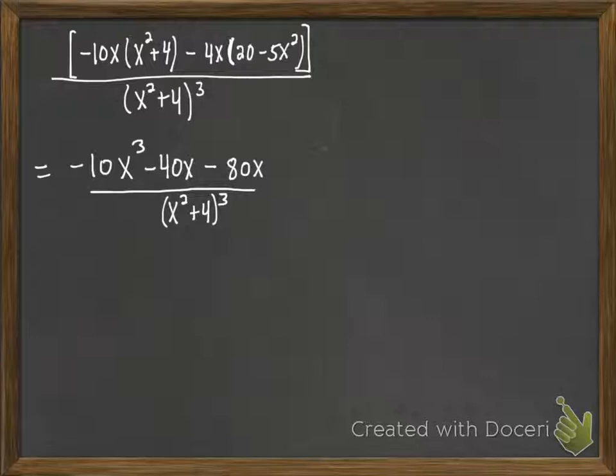And then we have a minus 40x and a minus 80x. Those two will go together to be minus 120x. So we're going to have 10x cubed minus 120x.